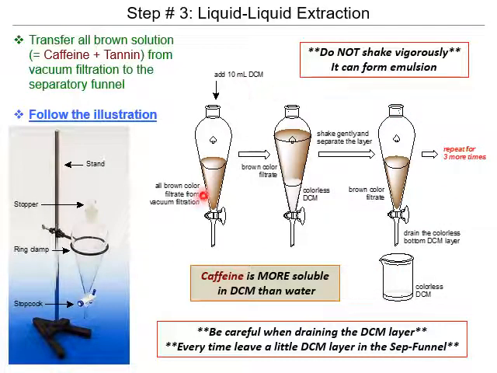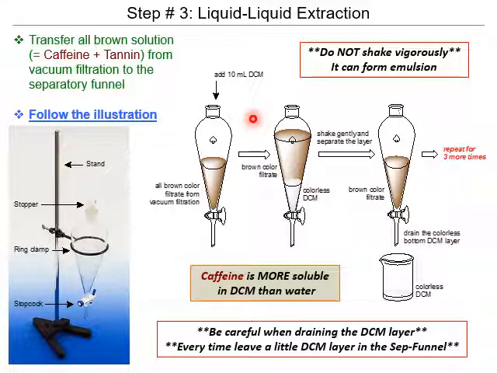So the extraction. This works on the basis of solubility, which in the end is a function of the polarity of your product, right? Like dissolves like, again. So the point here is that we're adding 10 mLs of DCM.